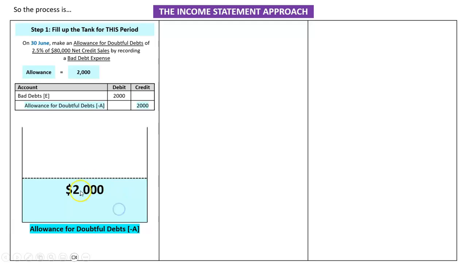So it fills this tank up to here. We expect $2,000 of accounts receivable in the future to not repay us, but we don't know who. So we just made an allowance here. So that was step 1, fill up the tank for this period. And maybe we get asked for a narration, we'll say allowance recorded for doubtful debts of 2.5% of net sales for the period, Memo 1.